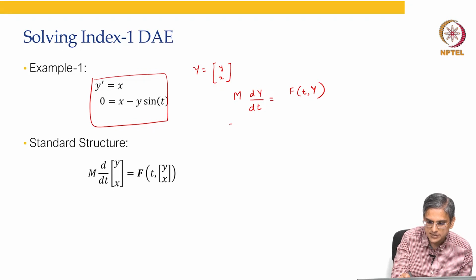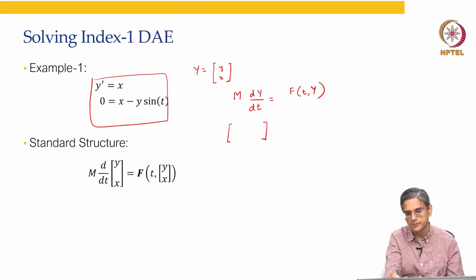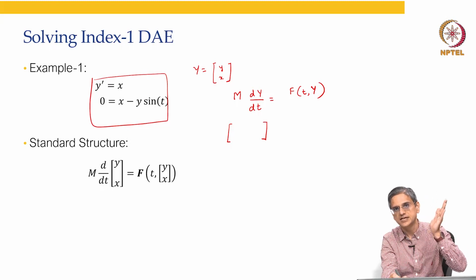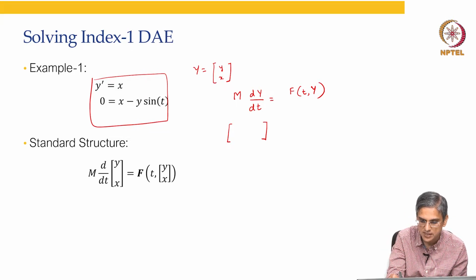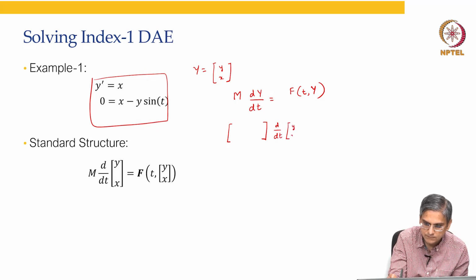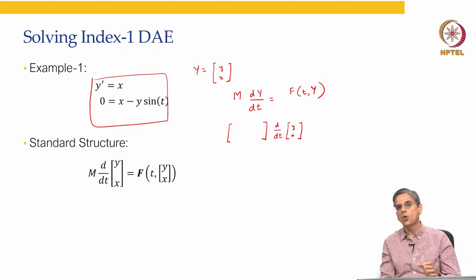What is M? M is going to be a 2 by 2 matrix. Why? Because dY by dt is a 2-dimensional vector, and the right hand side is a 2-dimensional vector, so you need to have a 2 by 2 matrix. Now, what is the first equation?